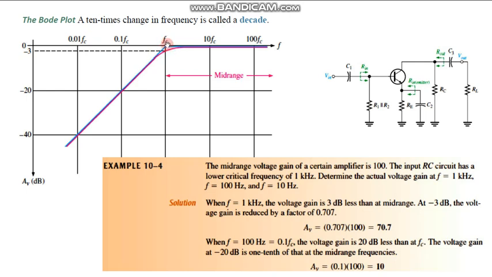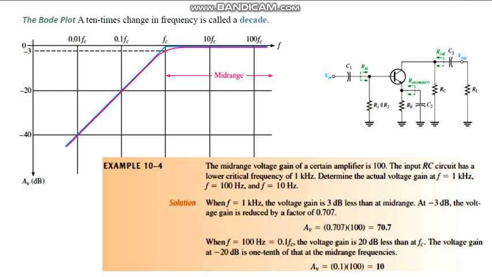When the frequency increases, it increases by 10 times, then 100. Similarly, if the frequency decreases from the Fc reference point, it decreases by a decade, so 0.1 and then 0.01.